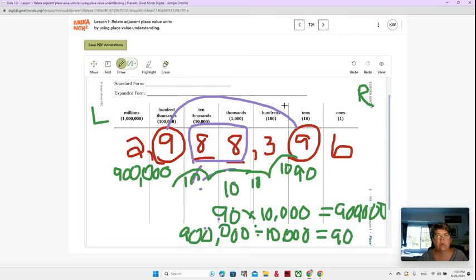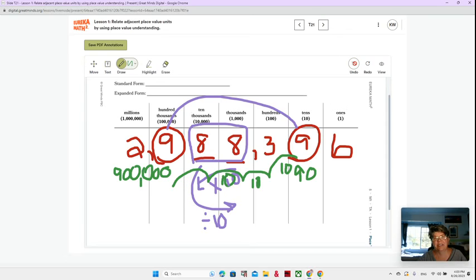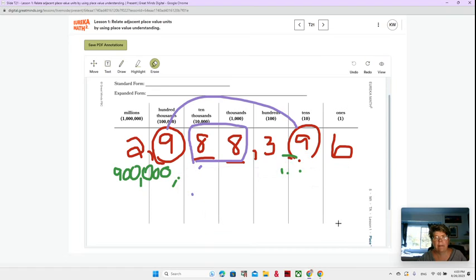Okay, so let me clean this up for you so we can show you more clearly what we're talking about. So we're looking at 900,000. You see I have it written out there for you.